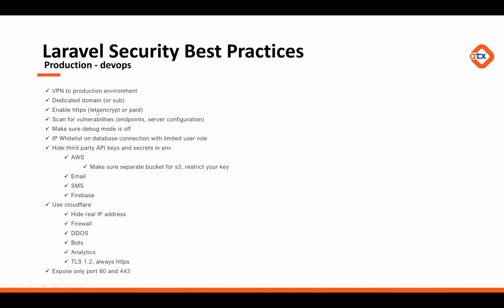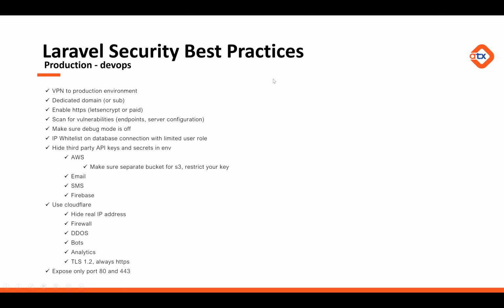If you are deploying into a cloud server, VPS for example, then if you want to shell into your server, it's better to have a jump server, or you have to create a VPN. Otherwise, people can scan your server and also try to brute force your SSH password.